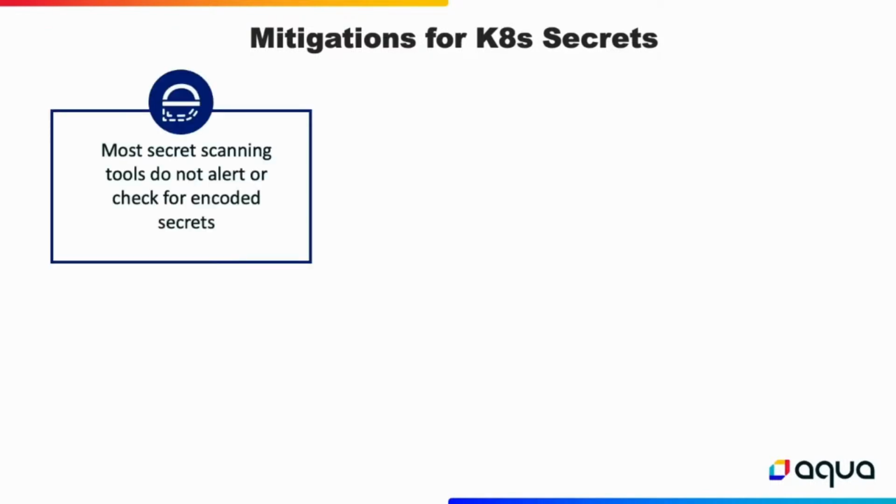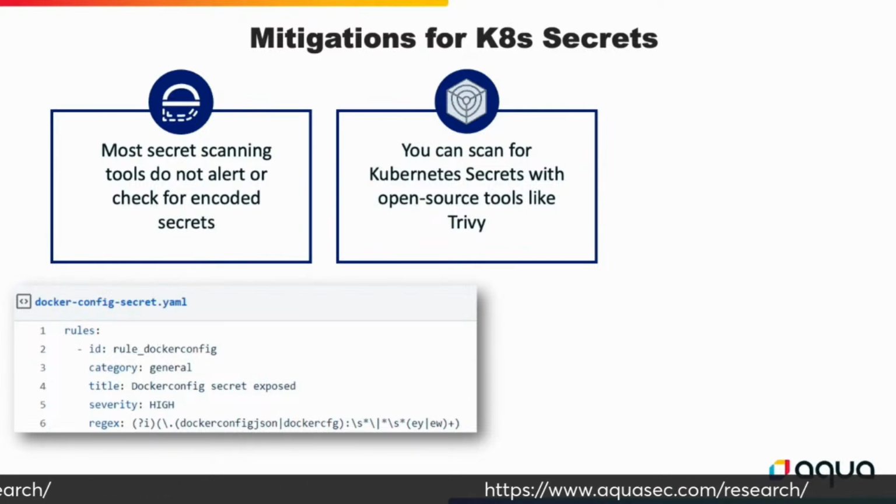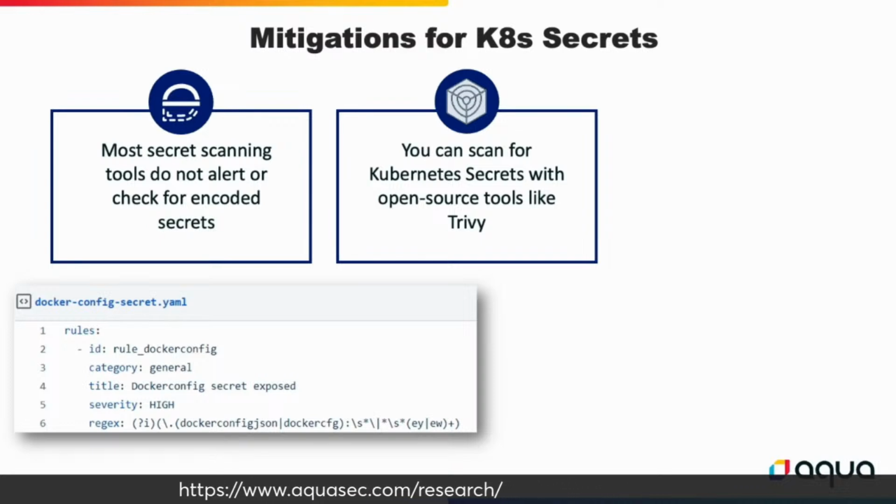First of all, the issue is not with the Kubernetes secrets themselves, but with the encoded secrets often missed by secret scanners due to performance concerns. To address the problem, we made sure that Trivy, which is an open source secret scanner made by Aqua, uses custom regex patterns to search for this kind of secrets.